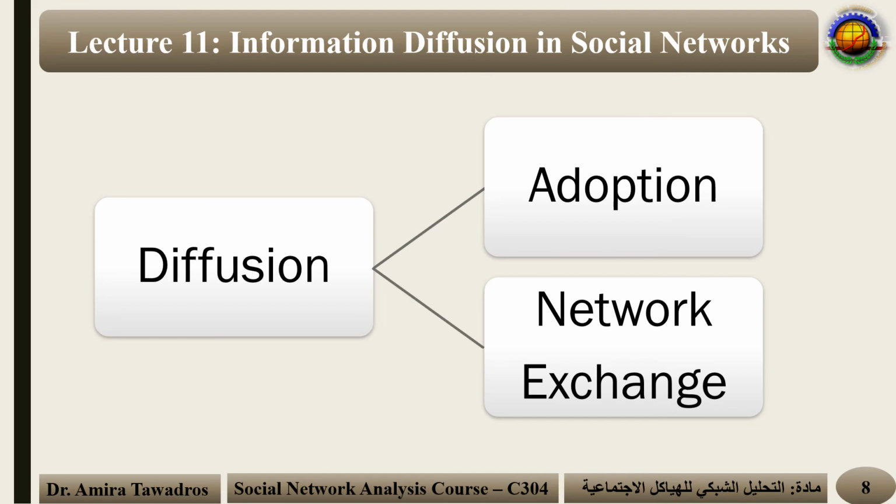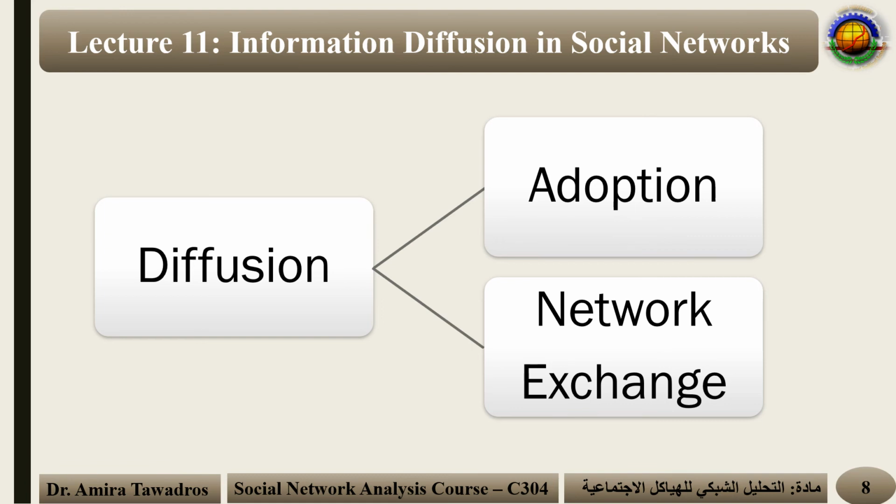What's the difference between these two paths? We will discuss this now. In adoption, research is interested in addressing diffusion as an exchange that happens between two individual members, and it stresses how members interact in order for diffusion to happen. For example, how a member adopts the idea of another member through the communication between these two members of society.